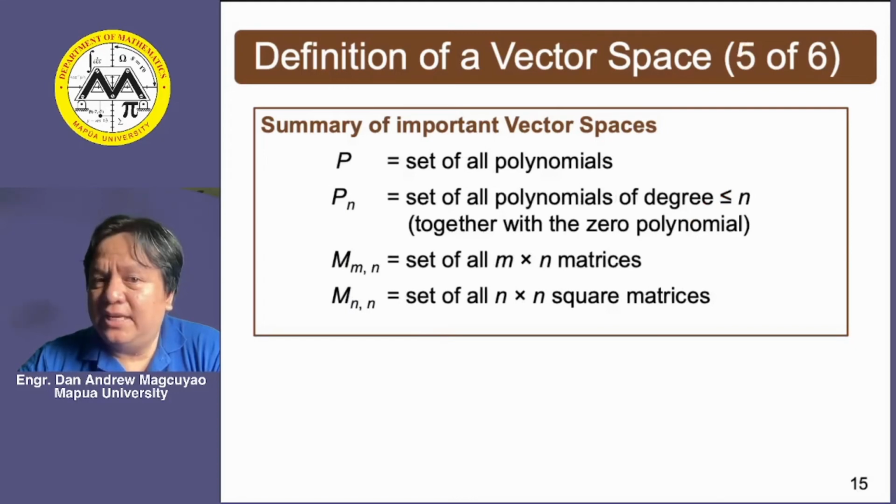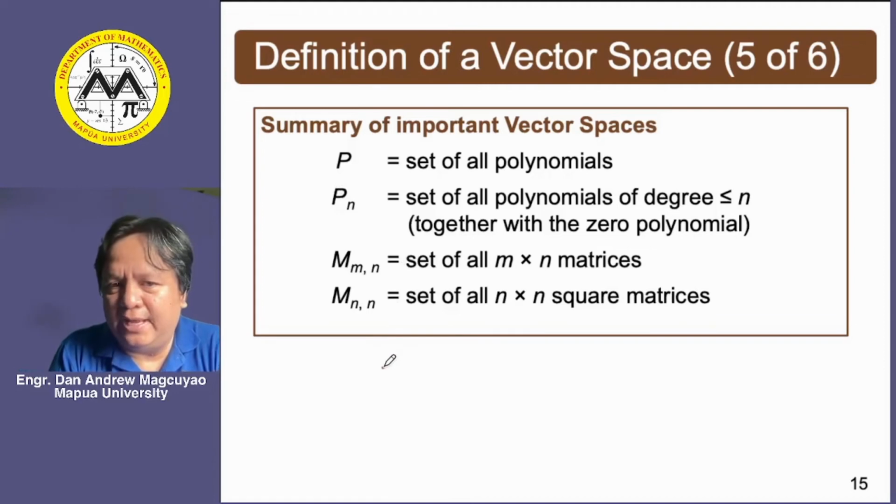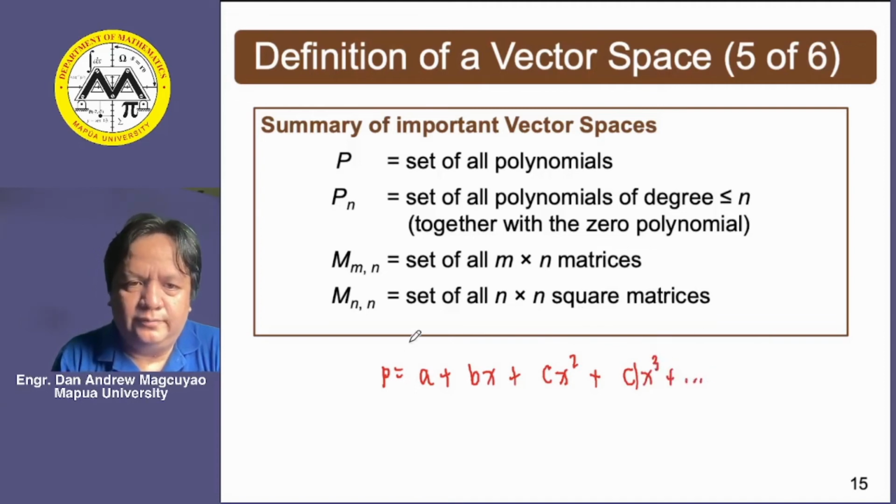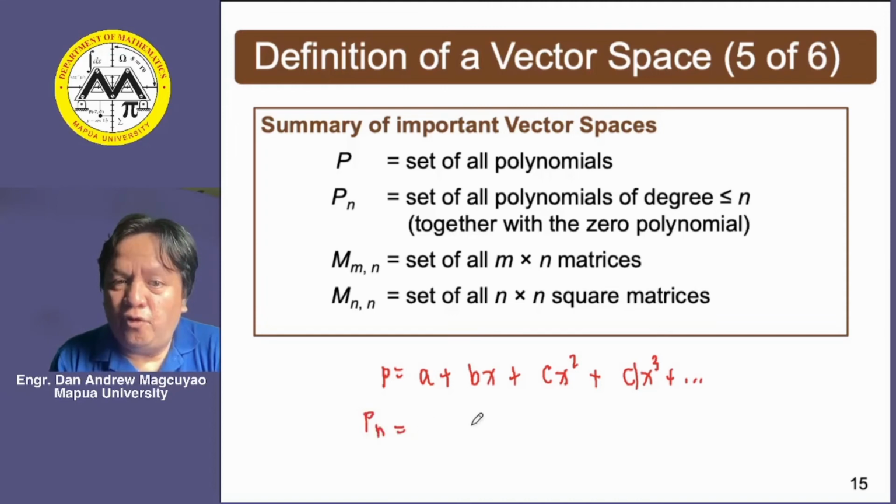We can have the set of polynomials. So P is the set of polynomials. We can have that P to be equal to a plus bx plus cx squared plus dx cubed, and so on. P sub n is of order n.